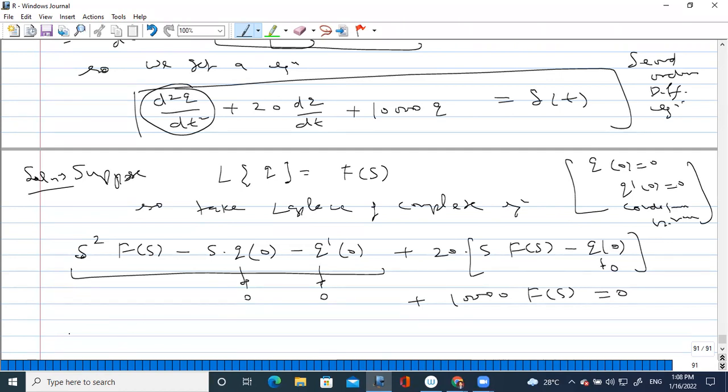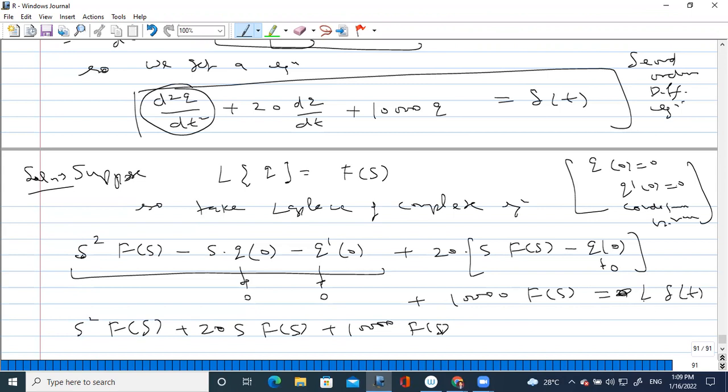So what is left in this equation? s square fs plus 20s fs and plus 10,000 fs, and that is equal to not 0, actually it is Laplace of Dirac delta function t.